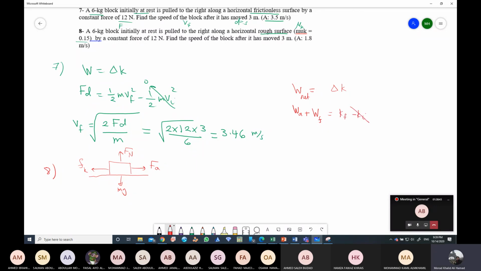K initial is zero because it is initially at rest. Right? The work due to applied force is F D cosine theta plus work due to friction force Fk D cosine theta, equal to half m v final squared. We are looking for v final.